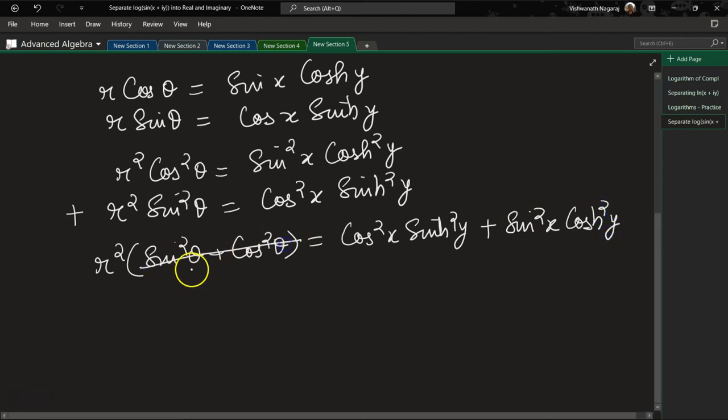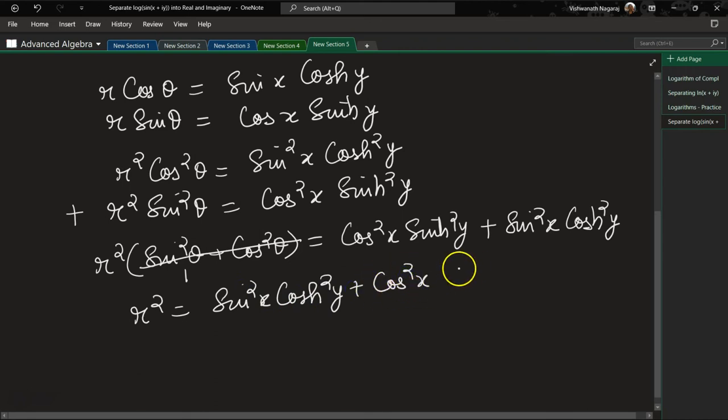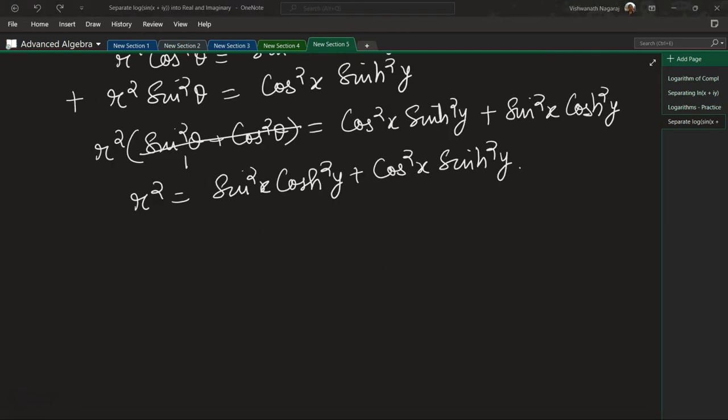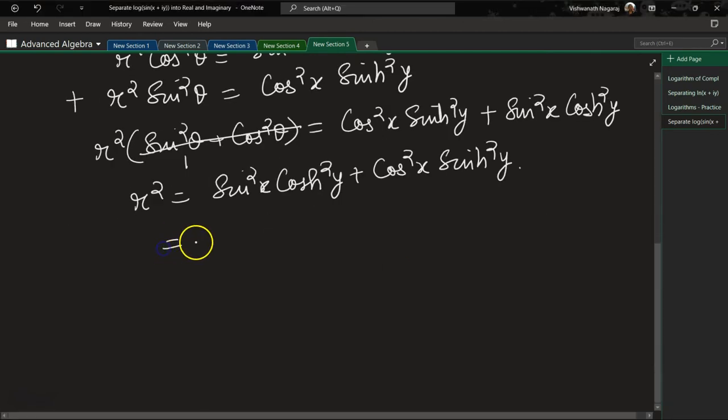This becomes 1. So we end up with r square equal to, just to make it easier to apply the identity, sin square x cosh square y plus cos square x sinh square y. Okay, now we have to remember certain identities.